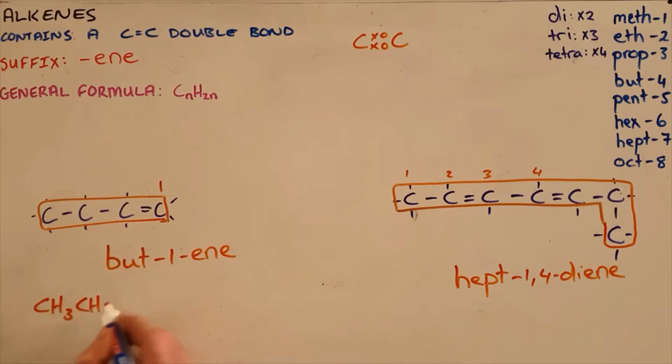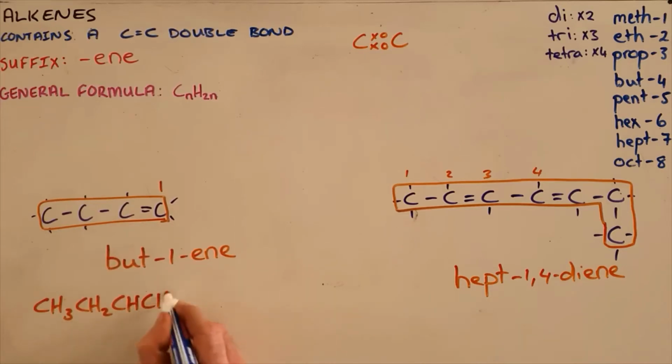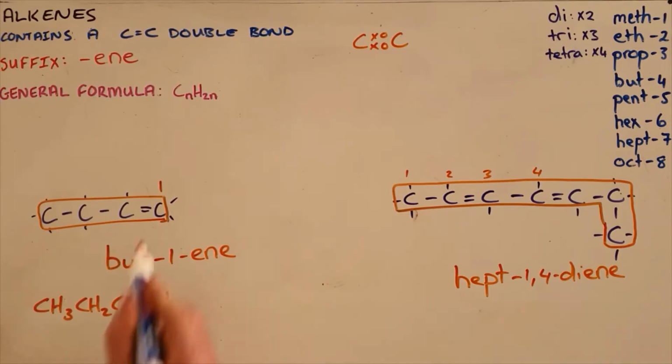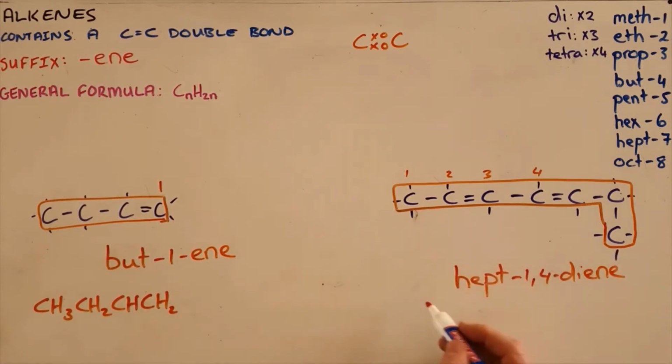In condensed structural formula, we follow exactly the same pattern. This would be CH3, CH2, CH, followed by CH2. It would be up to the person reading this to see that each of these 2 carbons is 1 bond short, and therefore see that there is a double bond present there. And the same pattern here, where we say that this is CH3, CH, followed by a CH again.